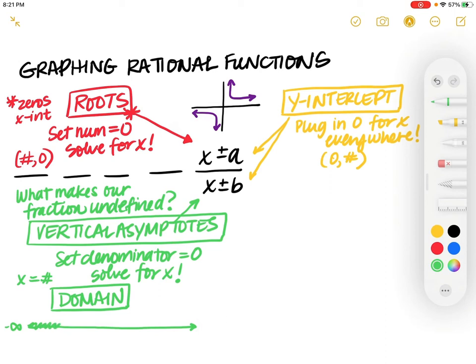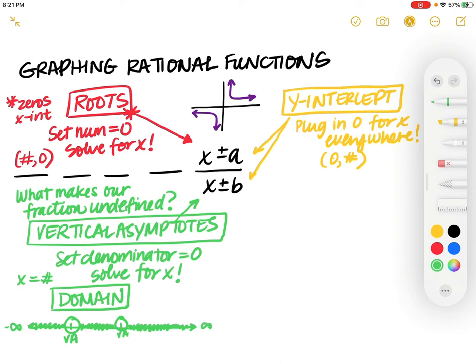We'll have values all the way up to our first vertical asymptote, and that value will be undefined. That value will not be allowed to be plugged into our function, or it's excluded from our domain. Then we have all the values again until our next vertical asymptote, which is again an undefined value we can't plug in. And then our numbers keep going until positive infinity.